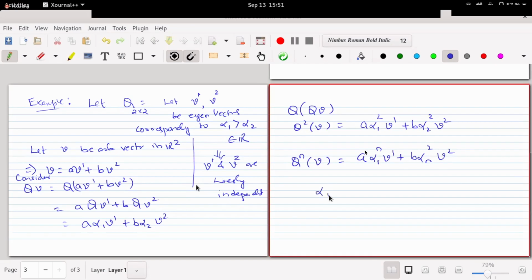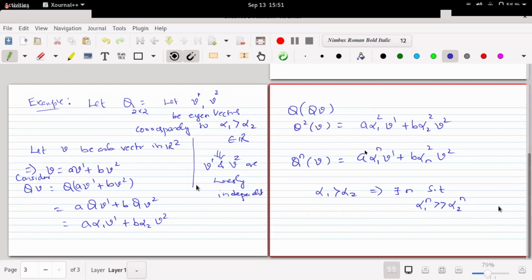So alpha 1 greater than alpha 2 implies there exists n such that alpha 1 to the n is very much greater than alpha 2 to the n. Of course, you have to assume the other thing also. If both are fractional, then we can't say. They should be greater than 1, we have to assume, right?